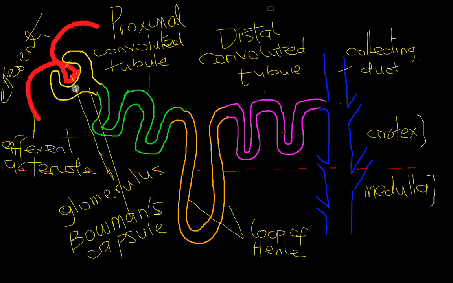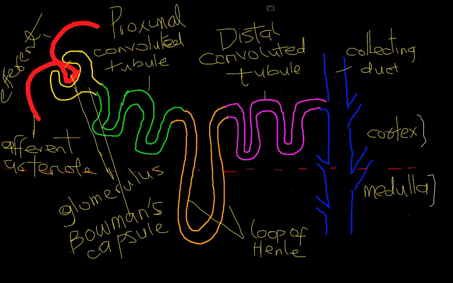But this surface is not permeable to large molecules like protein. It's not permeable to blood cells. So our red blood cells cannot go into the Bowman's capsule, and the protein cannot go into the Bowman's capsule. It's small molecules and water that can go into the Bowman's capsule.